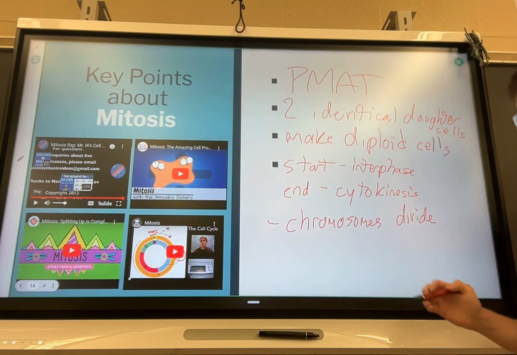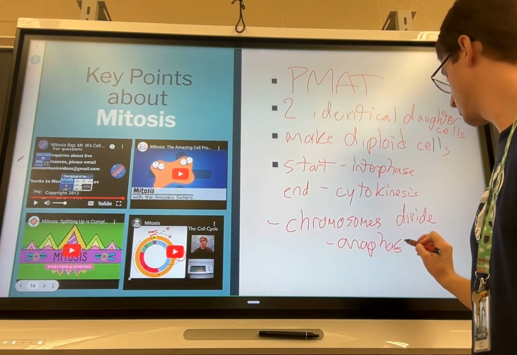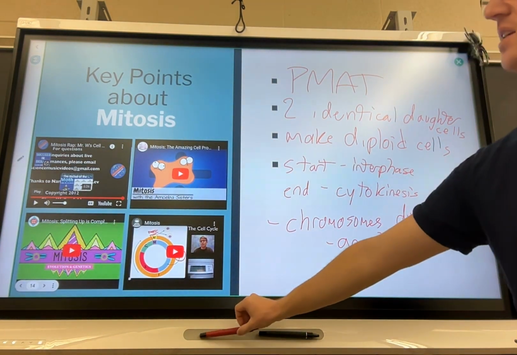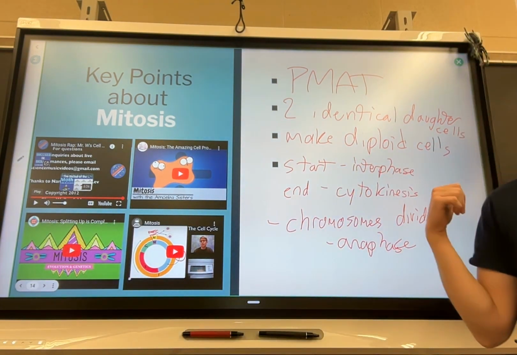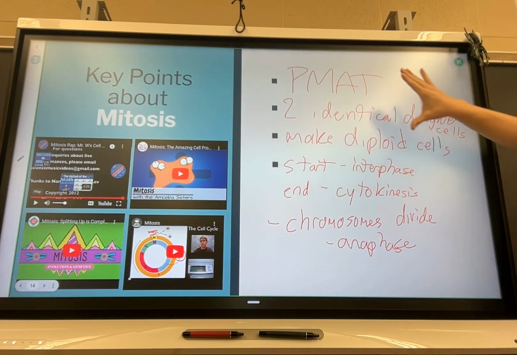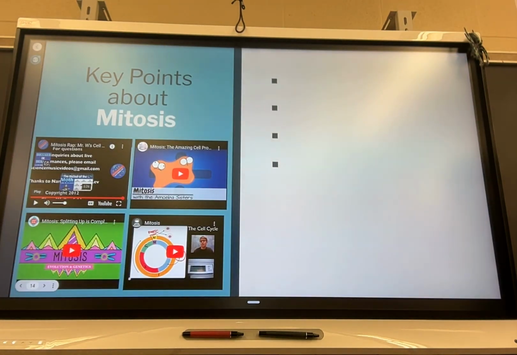It's anaphase. Yeah, so it's going to divide at anaphase. The chromosome is going to be split into its sister chromatids. Any questions about this? So keep this in mind because meiosis is going to have some of this that is very similar, some of it that is very different.